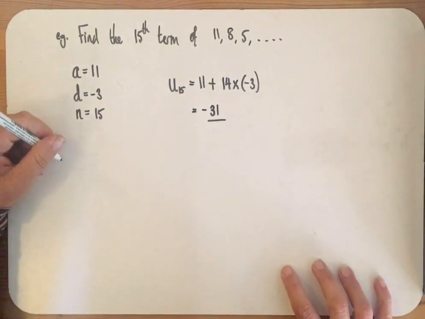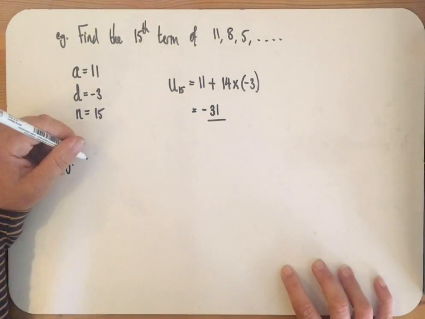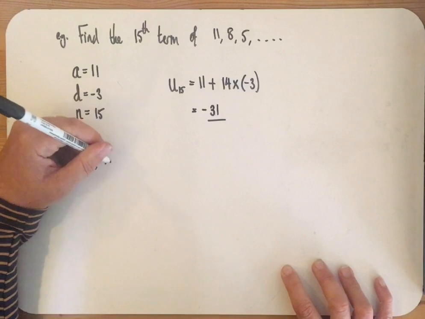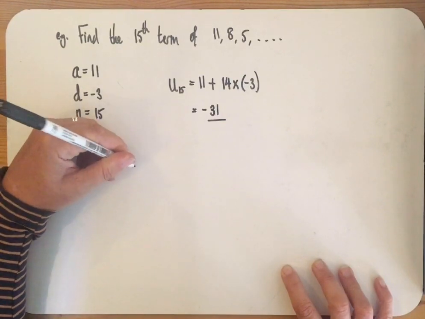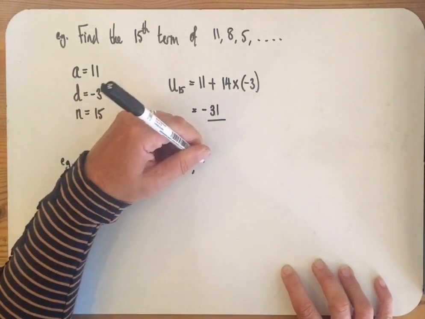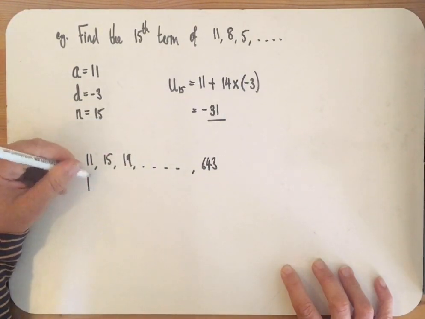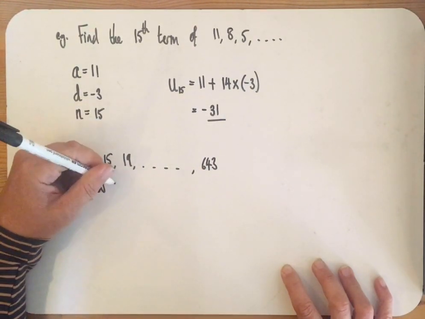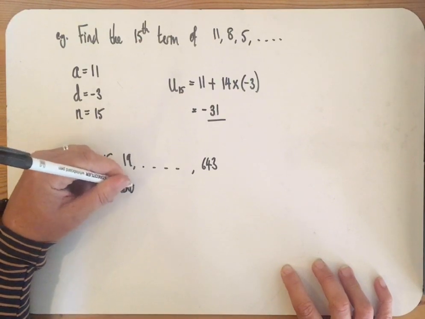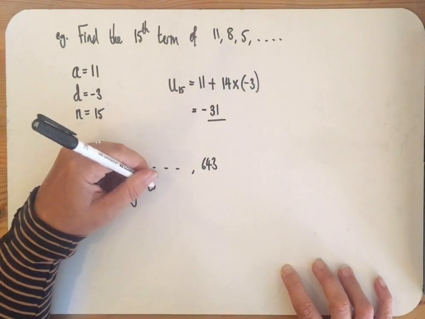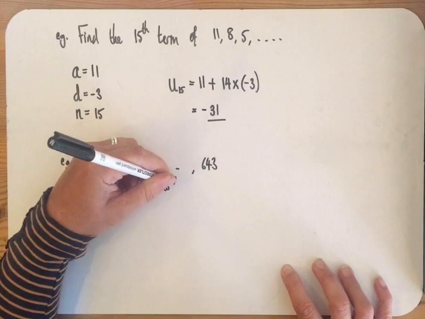And then let's just do one more. So we have an arithmetic sequence, and we want to know how many terms there are. You probably don't want to do this one in your head, it'll get a bit boring.